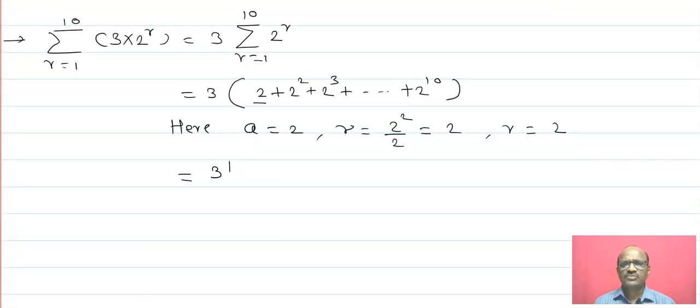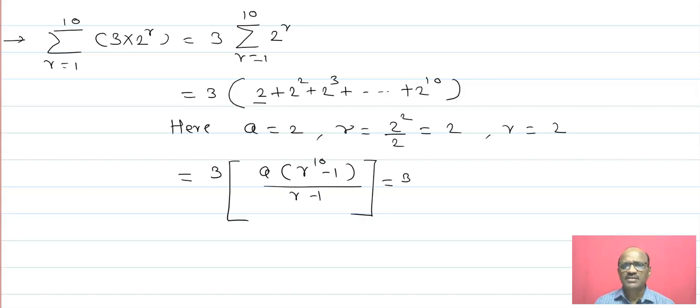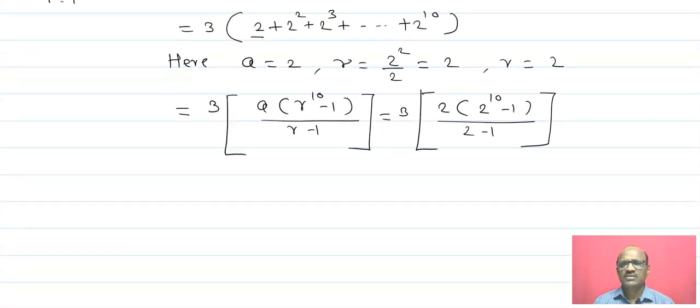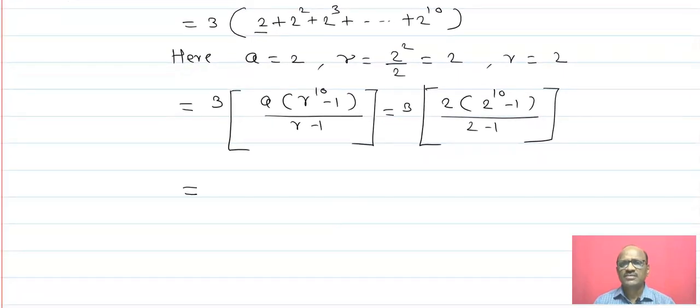The value of r is 2. Therefore, 3 times a times (r raised to 10 minus 1) upon (r minus 1). Therefore 3 times, the value of a is 2, r is 2, so 2 raised to 10 minus 1 upon 2 minus 1, and that's what you get.